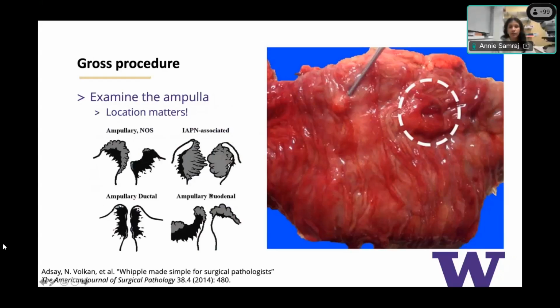And once again, reviewing the ampullary carcinomas, it can be intraductal, either associated with a papillary neoplasm or not a papillary neoplasm, and then you can have ampullary duodenal.